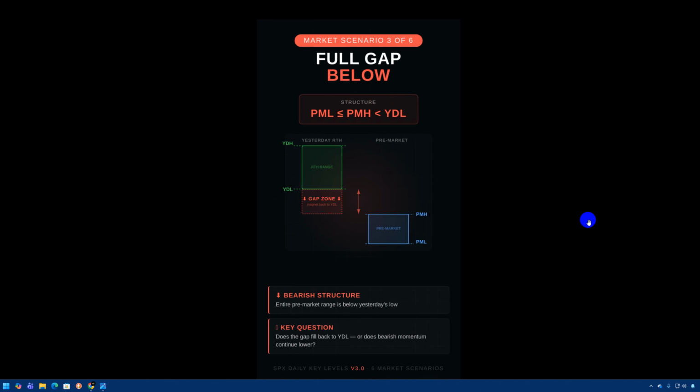In small to medium gap downs where PML is close to YDL, that's going to be a different scenario within this gap scenario than a large gap down where the PML is significantly below the YDL. So it creates a couple different kinds of situations, and then the market scenario analysis table explains the differences.